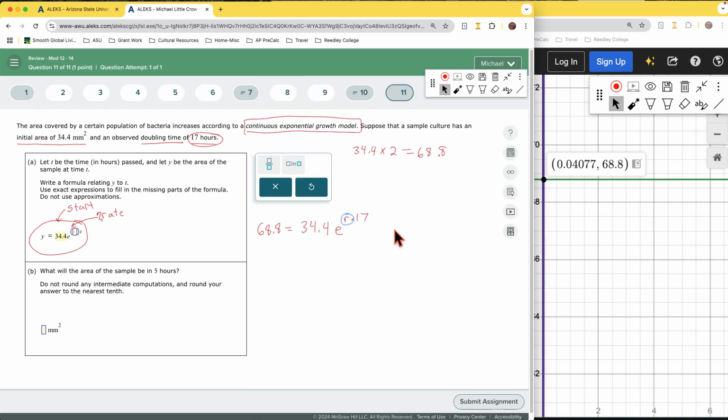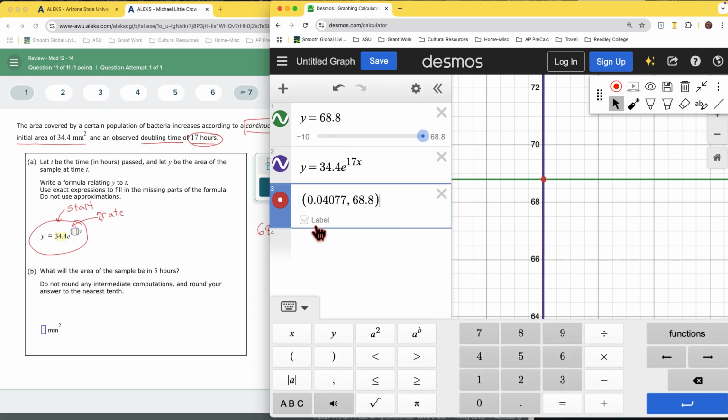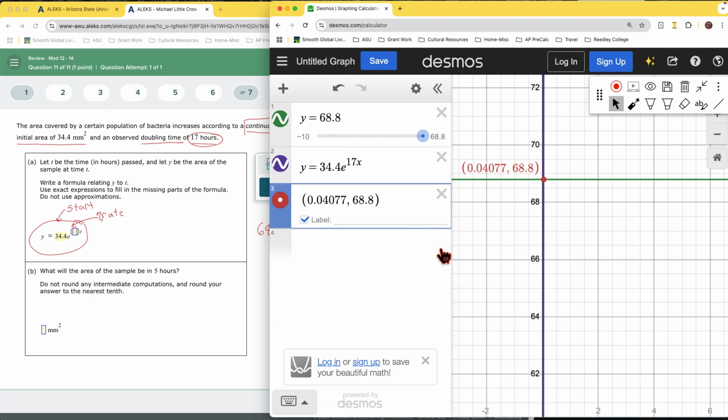So we're going to do this analytically. We're going to solve for r, and our answer is going to involve a natural log and such. But now we have a way to check our answer. Let's label it so it's there for us.